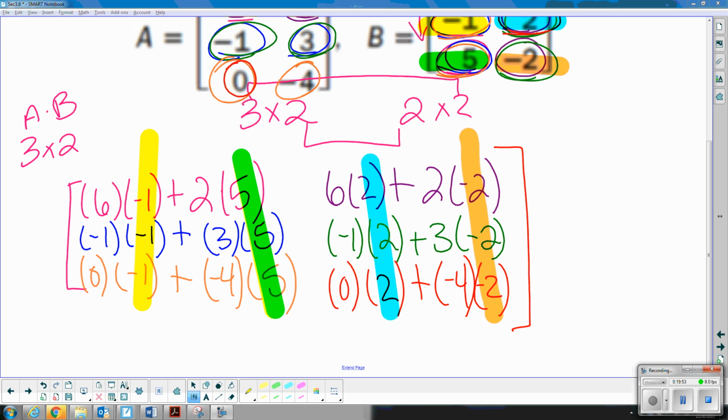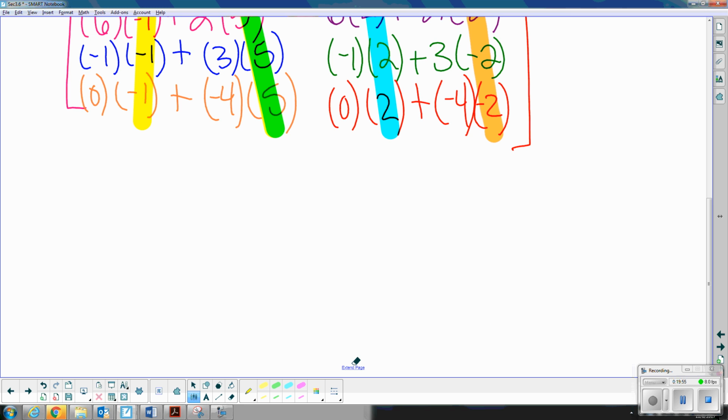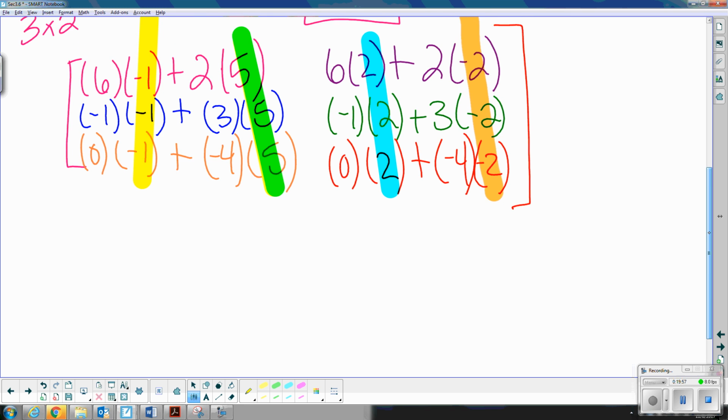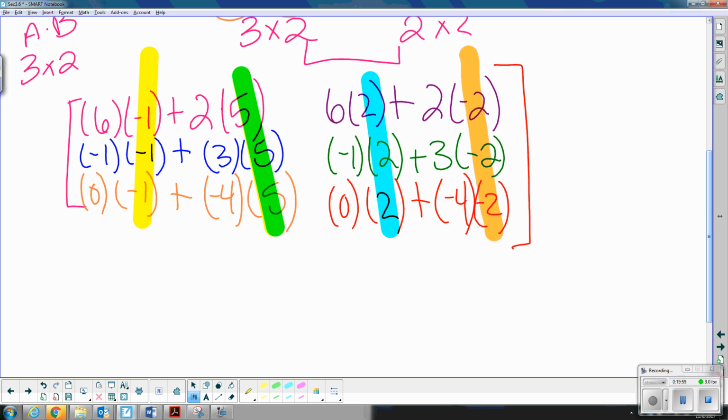Okay, so now let's simplify this because there's a lot of numbers that we have going on here. So let's simplify it into one clean matrix. I'm going to have to do it a couple times, but let's get a little closer to simple. So 6 times -1, -6 plus 10 is our first element, working across 12 minus 4.